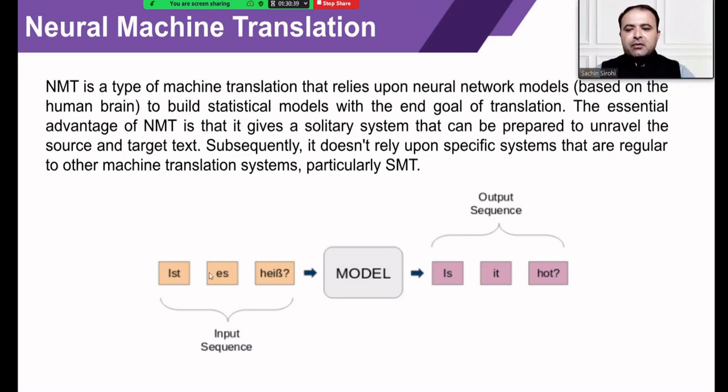So first there is the input sequence. Now I have a ready model. So I give the sentence in this format, then the model will produce the output, like "is it hot".